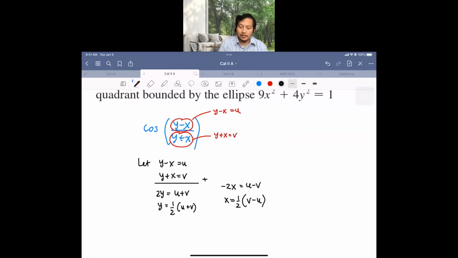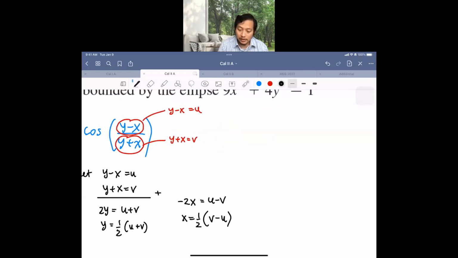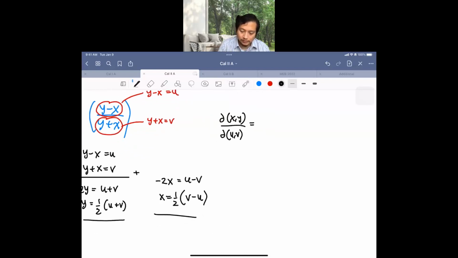Next, we can write the Jacobian first, before we look at the integral. The Jacobian from these two equations: dx/du is half, dx/dv is also half.